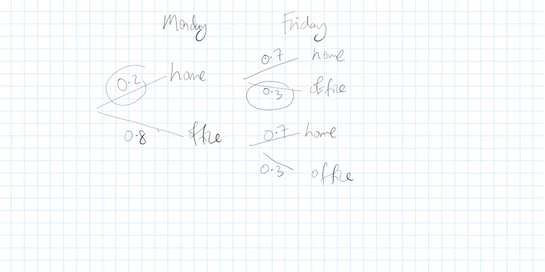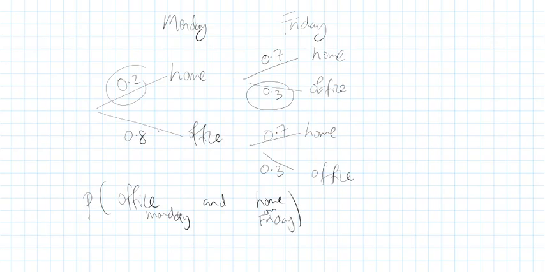Let's say I ask you to find the probability that the person is at the office on Monday and the person is at home on Friday. So office on Monday, home on Friday. What would you do?